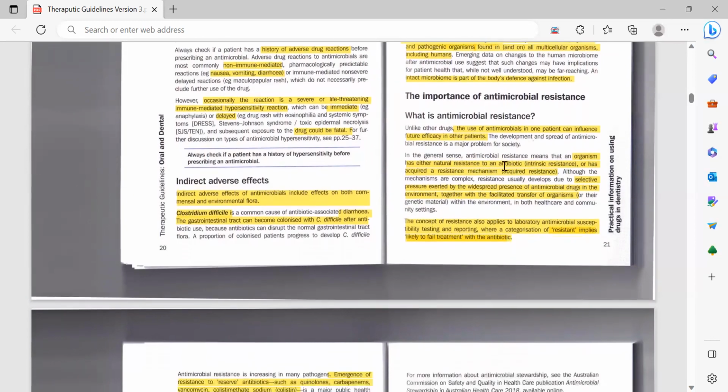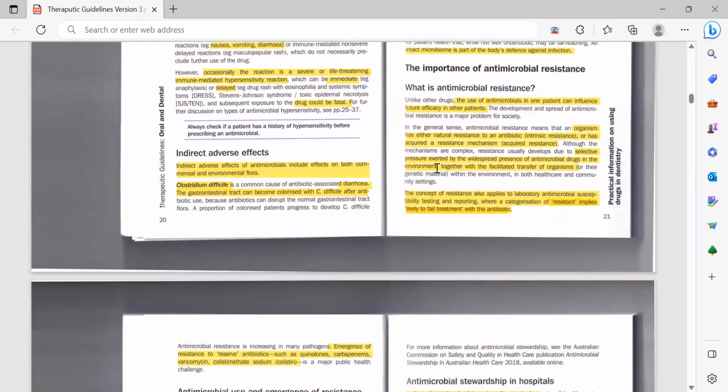In the general sense, antimicrobial resistance means that an organism has either natural resistance to that antibiotic or has acquired it by continuously getting exposed to it. Although the mechanisms are complex, resistance usually develops due to selective pressure exerted by the widespread presence of antimicrobial drugs in the environment, together with the facilitated transfer of organisms.